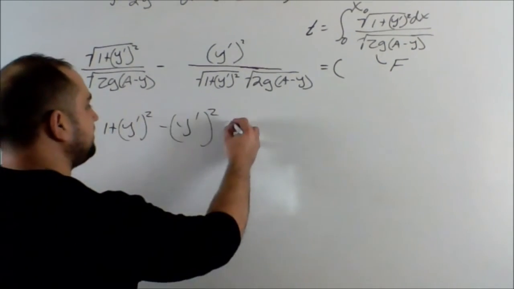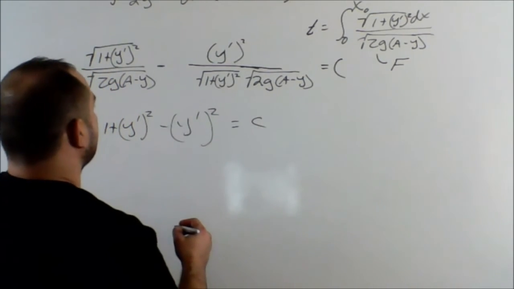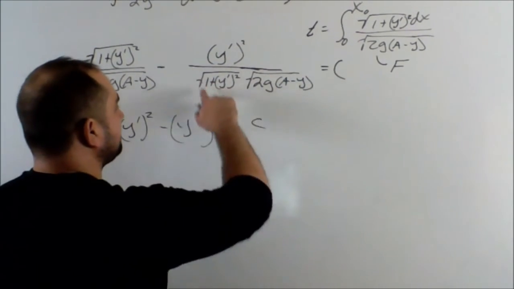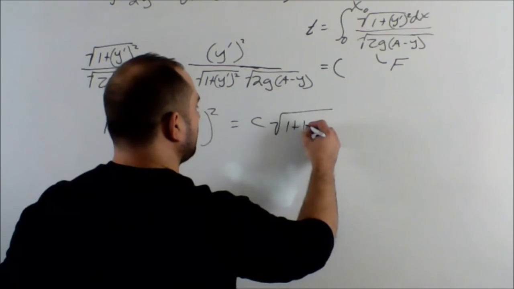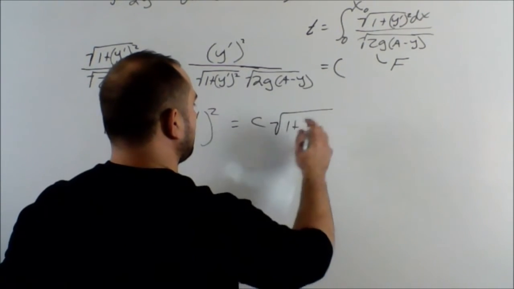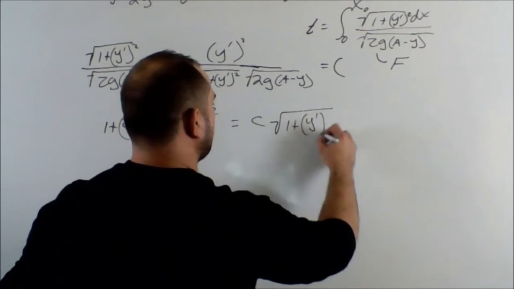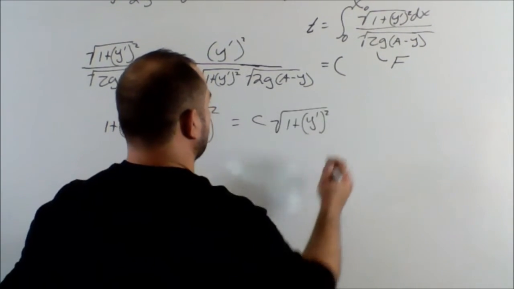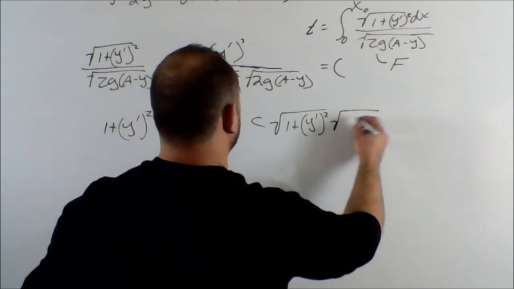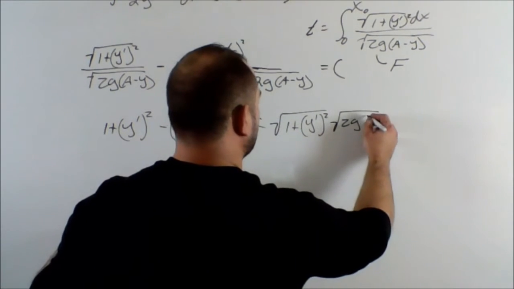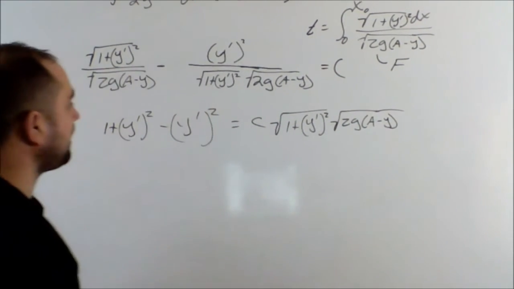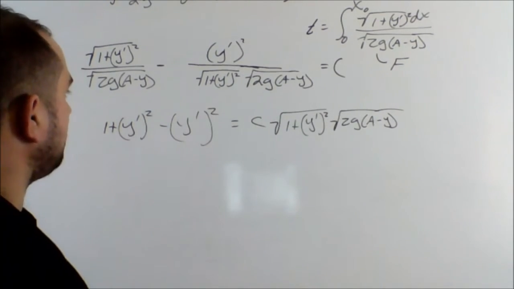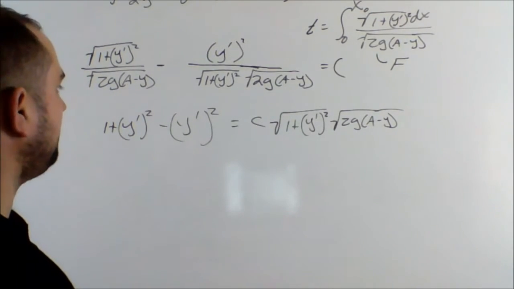And then this is going to be equal to c times the square root of 1 plus y prime squared times the square root of 2g times a minus y. Let's see here. Looks good to me.